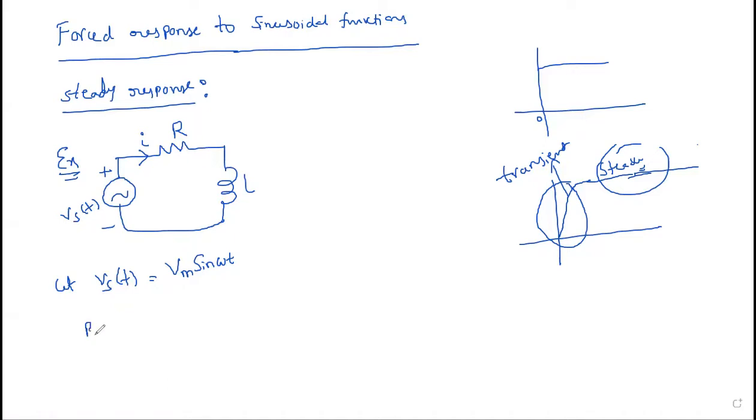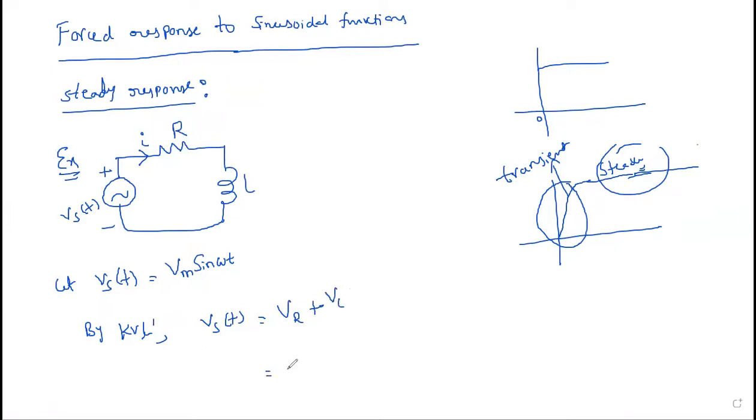So by KVL, we can write that Vs of t is equal to the voltage across resistance, VR, plus the voltage across inductor, VL.